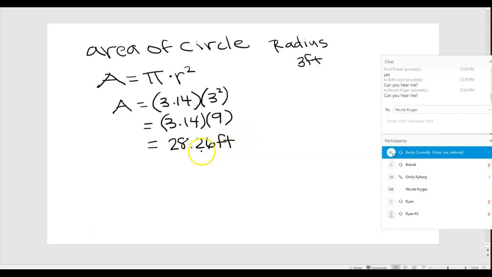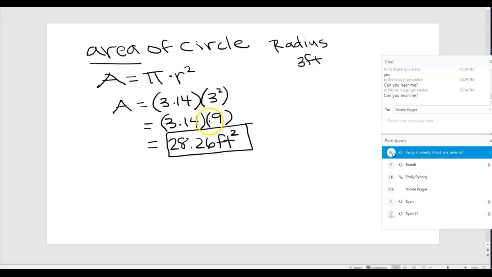The label on this was feet, but since it's area, it's going to be feet squared. Whenever we're talking about area, whether it's a triangle, a rectangle, a circle, area of anything, that label is always squared. And it's easy to leave off that squared. Okay.